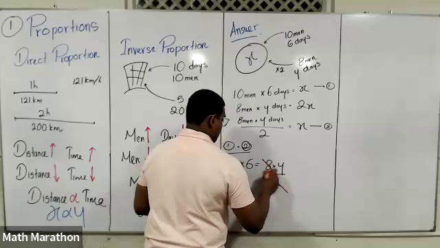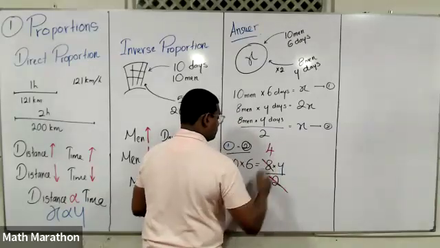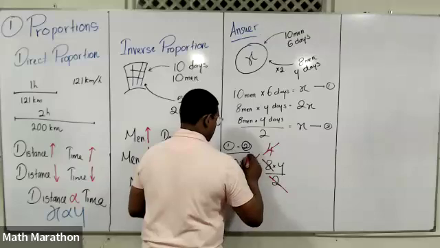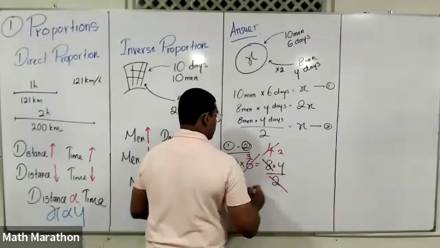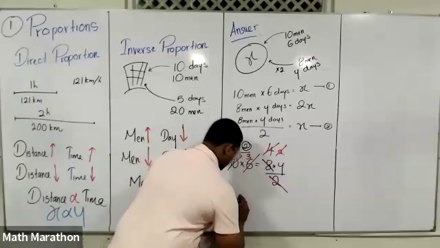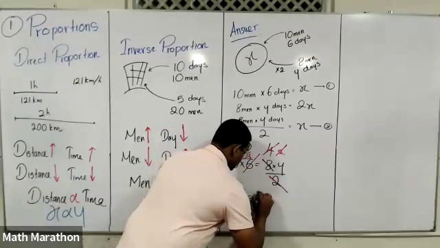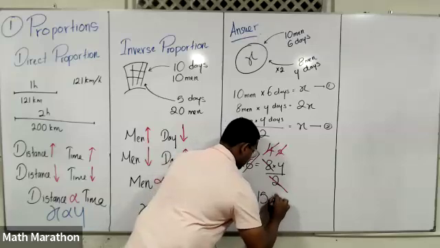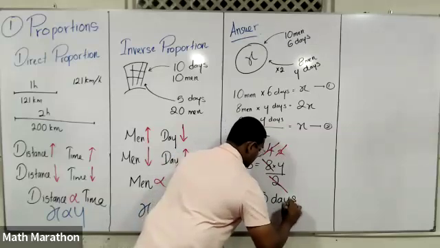Cut, cut, I have 4. Cut, cut, I have 3. 2 remaining. Cut, cut, I have 5. Y is equal to 5 into 3, 15 days.